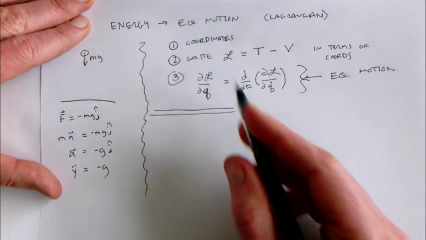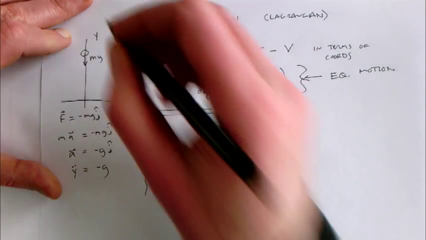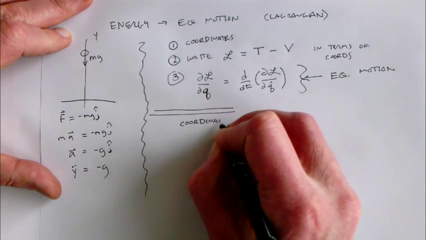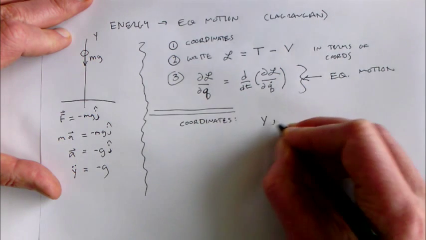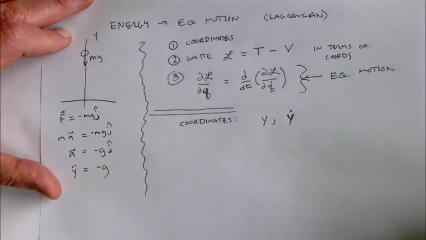So for this case, I'm going to say that the only thing I'm interested in is the y position. So my relevant coordinates or state variables are going to be the y position and also the y velocity, right? Because I'm going to need both of those in order to write the kinetic energy and the potential energy.